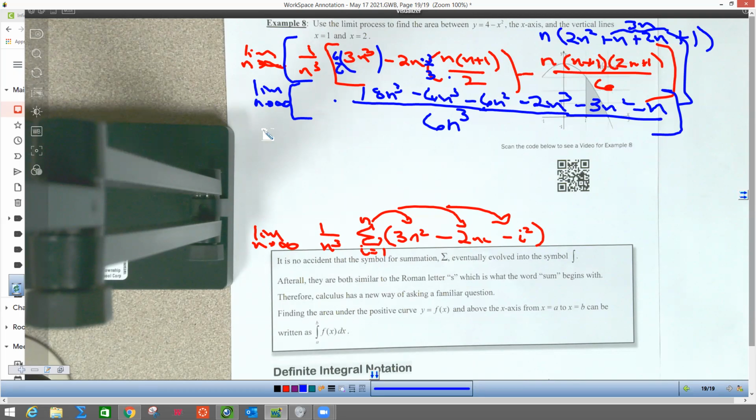Now I want to add all my like terms in the top. So 18n cubed minus 6n cubed is 12n cubed. 12n cubed minus 2n cubed is going to be 10n cubed. And then the rest really doesn't matter because it's a limit as n goes to infinity, but it's negative 9n squared minus n all over 6n cubed.